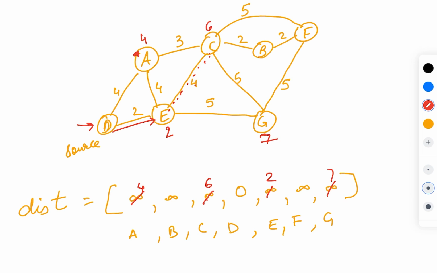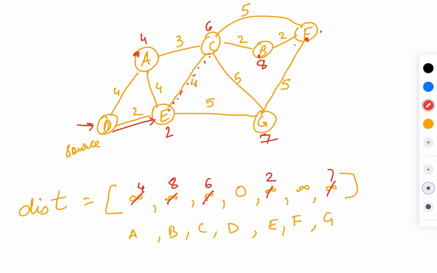Once I've reached here, now I want to know what is the next vertex that I can visit. So if I have to reach B, 6 plus 2 is 8. So this is 8. Now the only one left is F. If I have to reach F, so 6 plus 5 is 11, 8 plus 2 is 10, and 7 plus 5 is 12.